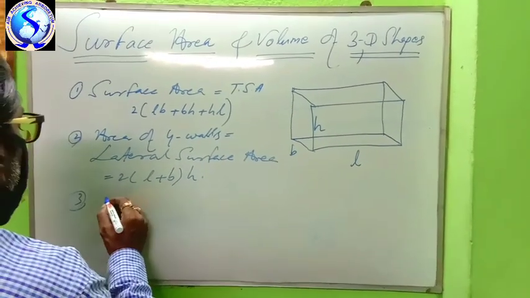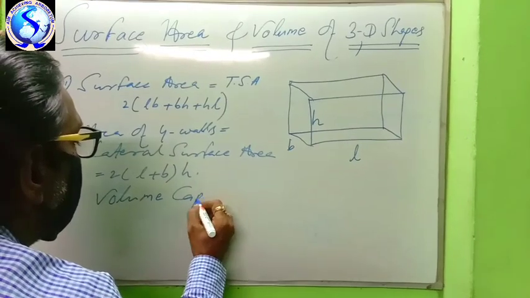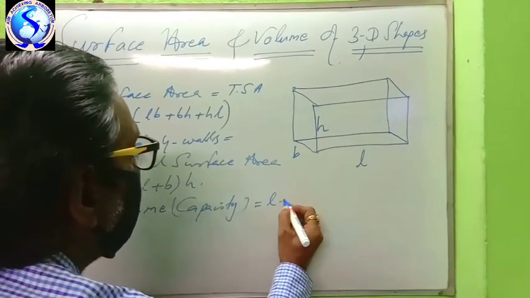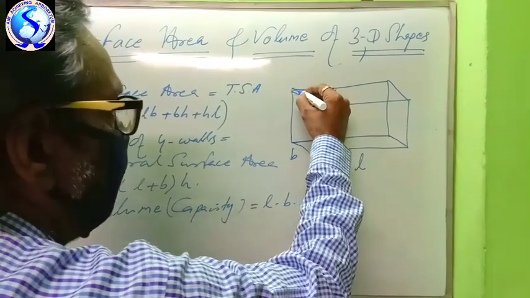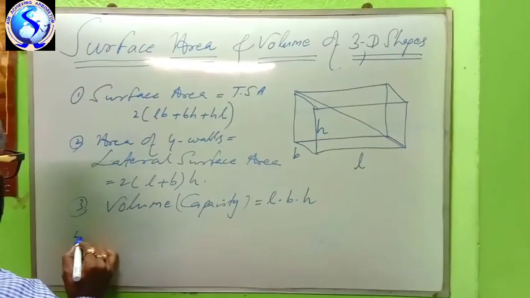Next is called volume. Volume means capacity. What is the volume of cuboid? That is length into breadth into height. How to find out the diagonal of a cuboid? The diagonal of a cuboid, number 4.